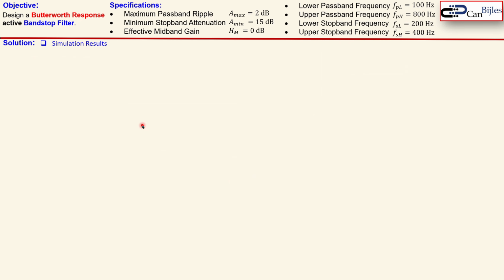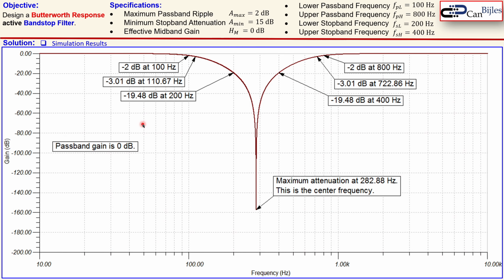We will now look at the simulation results based on the circuit we have just shown for our fourth order bandstop filter. This is the magnitude plot of the Bode plot. So you see here the lower passband region, because the baseline here, the effective midband gain, is 0 dB, so that's also what we wanted.